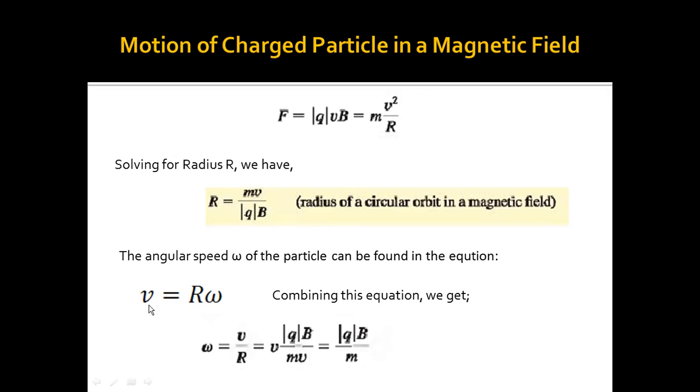If we replace V in this equation by R omega, this becomes M R omega over Q times B. Cancel R, cross multiply, and solving for omega, it becomes Q times B over M. Of course, in circular motion, our omega is defined as 2 pi times the frequency f.